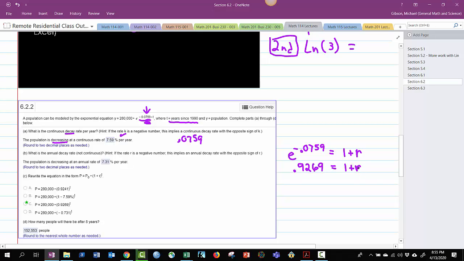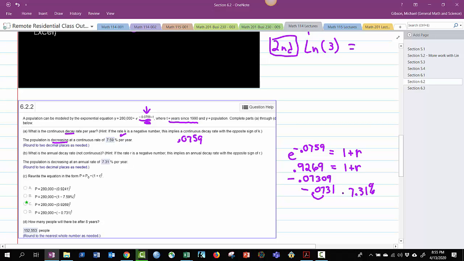Now we're solving for r. Subtract 1 from both sides. And this will round to negative 0.0731, and they want it as a percent, so move the decimal over 2, 7.31%.